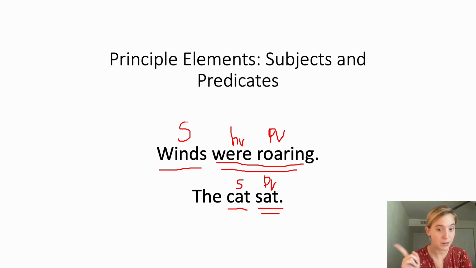If it modifies a noun or a pronoun, it is an adjective. So I draw a line straight down and I draw it back up to my subject because it is modifying my subject. And in the little elbow of my sentence, I write ADJ. This tells me that I am modifying cat with an adjective, the.